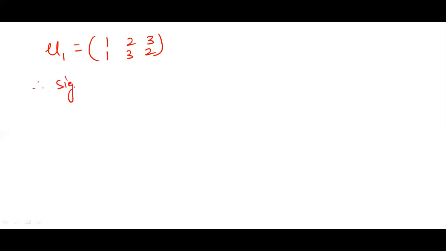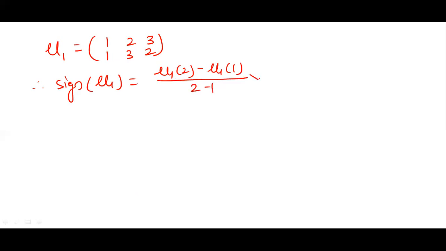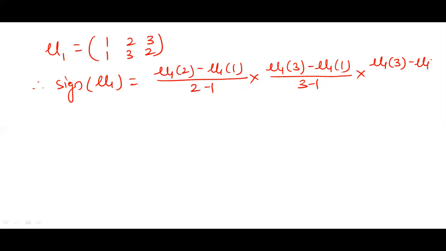Therefore, signature of mu1 is equal to mu1 of 2 minus mu1 of 1 divided by 2 minus 1, mu1 of 3 minus mu1 of 1 divided by 3 minus 1 into mu1 of 3 minus mu1 of 2 divided by 3 minus 2.